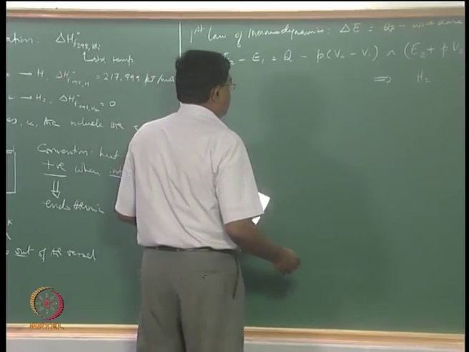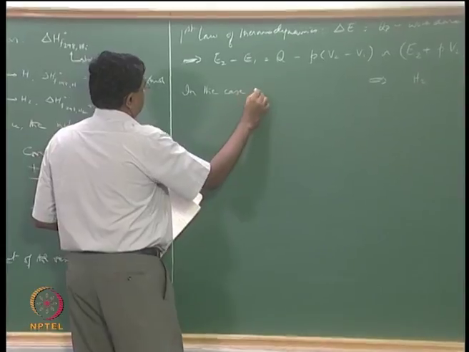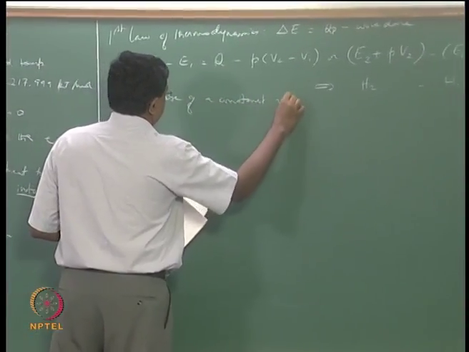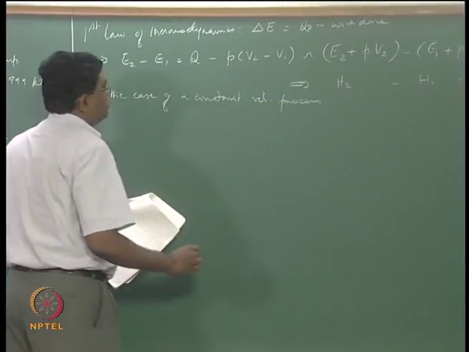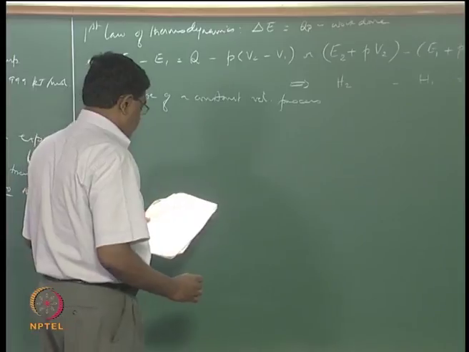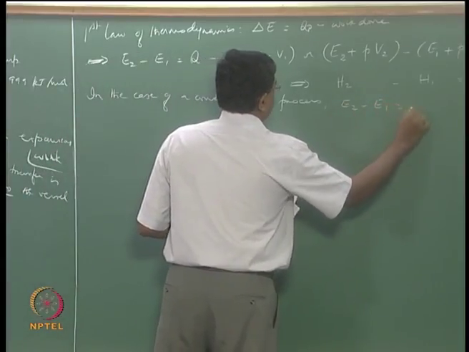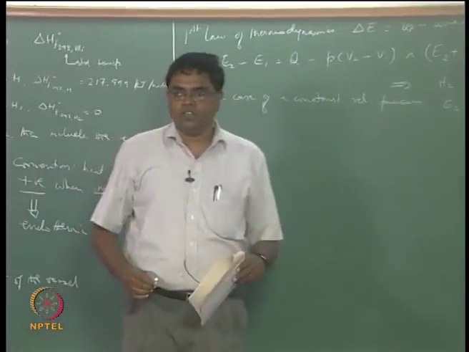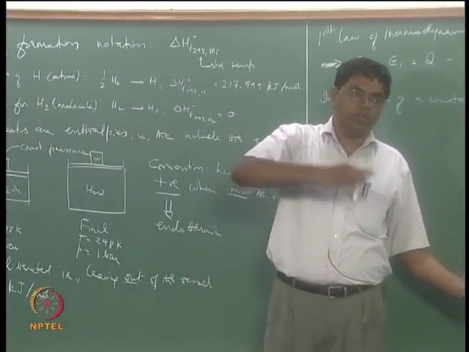Now in the case of a constant volume process, we will have E2 minus E1 equal to QV, which means we don't keep the pressure fixed, the pressure will vary but the volume will be fixed.